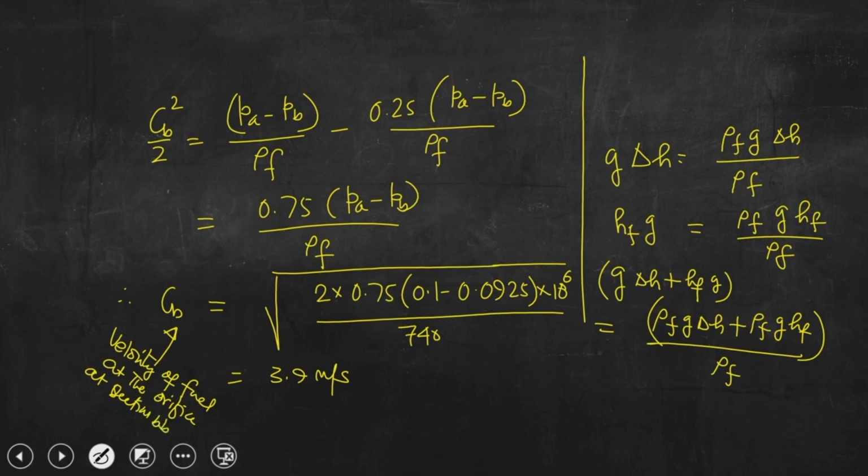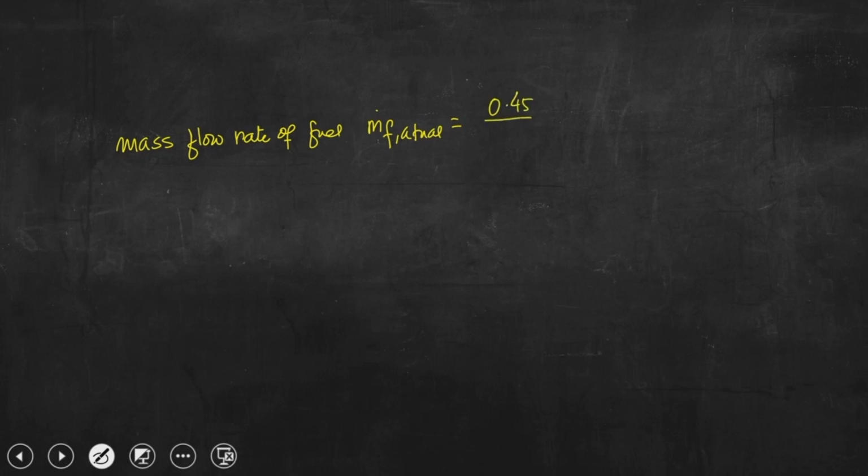So, once we know this Cv, what we can do? We can write mass flow rate of fuel, that is again actual mass flow rate. So, m dot f actual, that is 0.45 kg per minute.